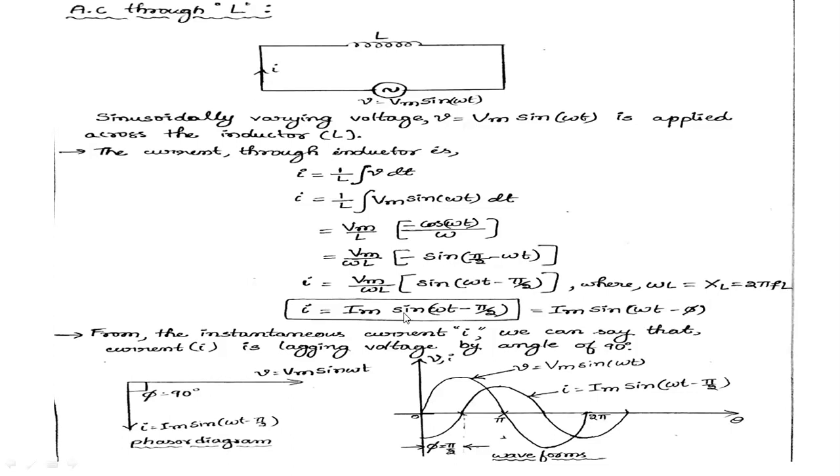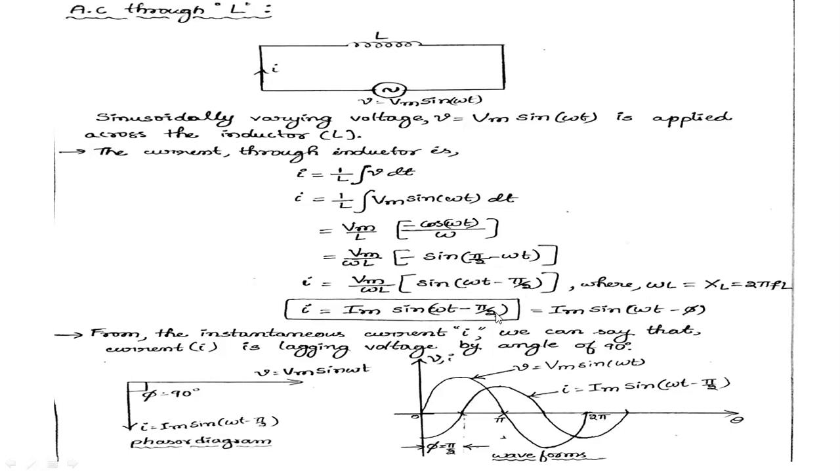Again, I equals Vm by omega L, which I write as I max sin of omega t minus pi by 2.